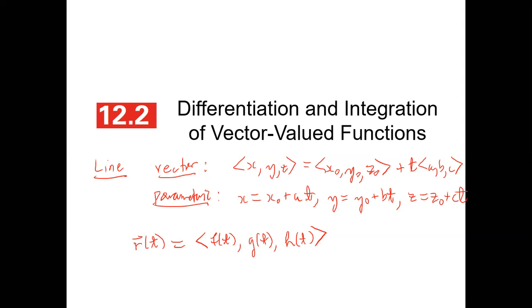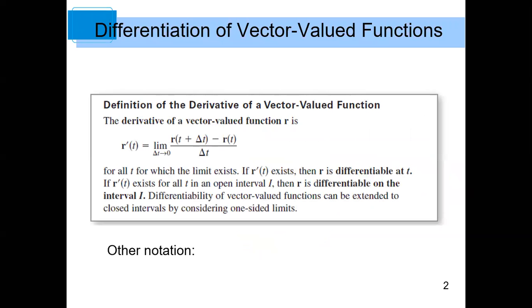All right, so let's dive in here. This probably isn't going to be all that big of a surprise to you. What is the derivative of a vector valued function? Well, we have the limit definition. Doesn't this look familiar?